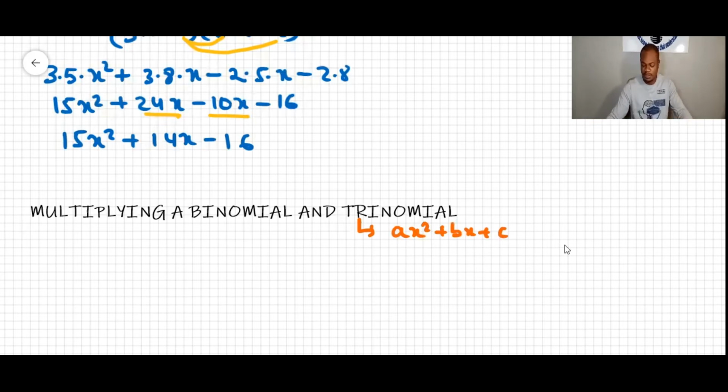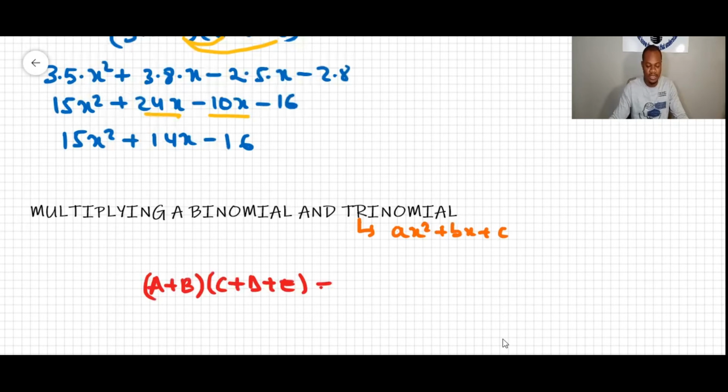Now, to multiply a binomial with a trinomial, it is of the form like doing (a plus b) times (c plus d plus e). We're going to apply the same distributive law.